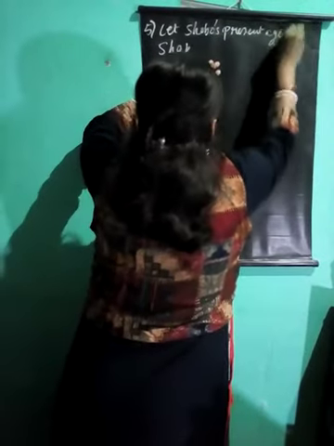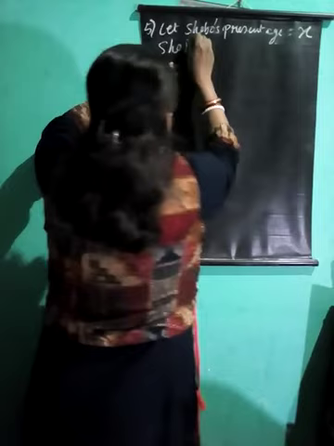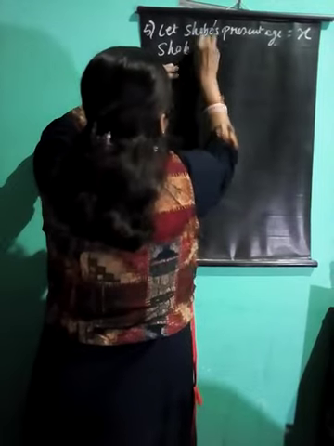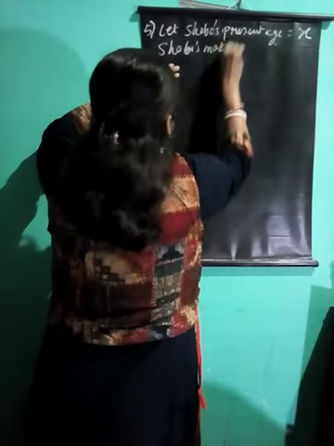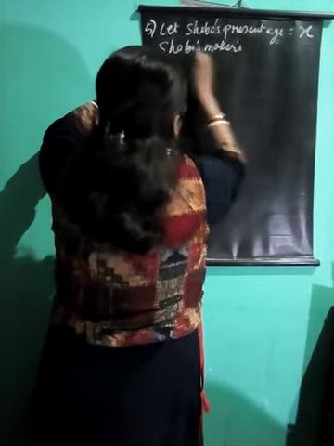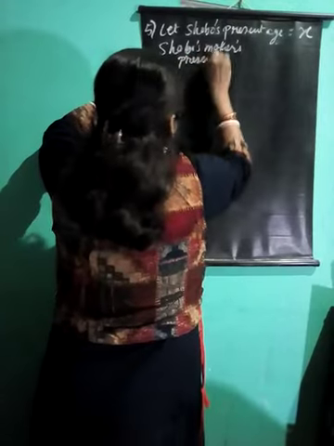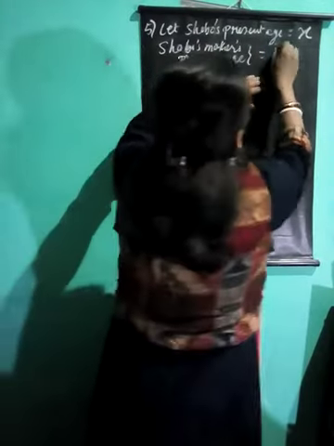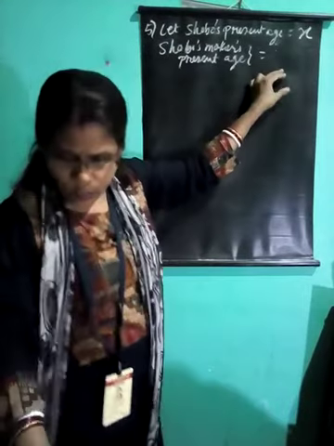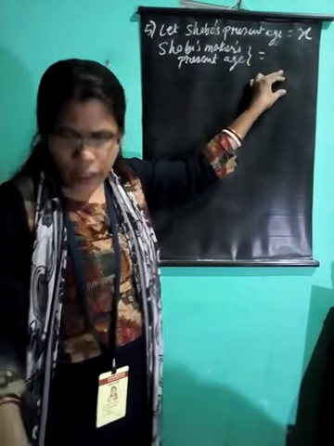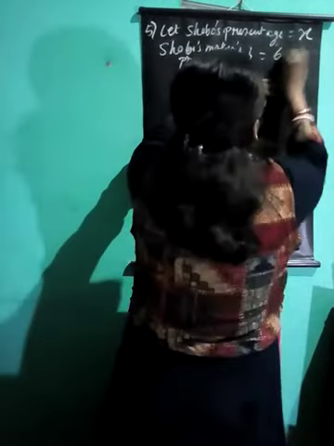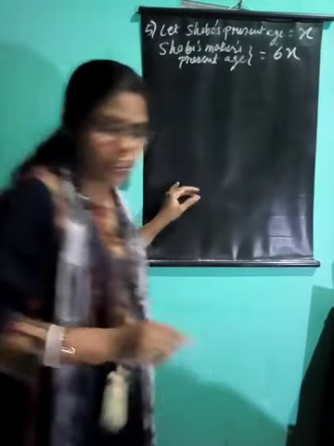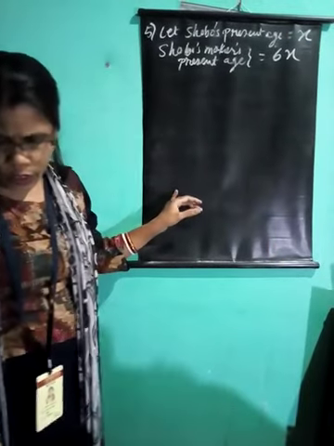Then Shubhu's mother's present age is equal to, here what is given in the relation? See here, 6 times Shubhu's present age. So 6x. Got it?